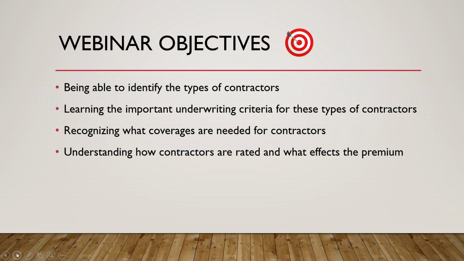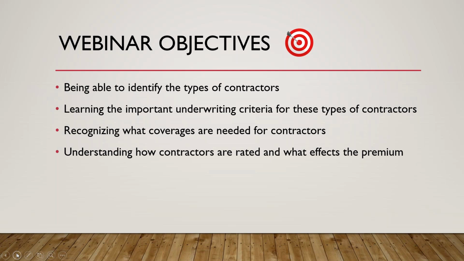So having said that, logistics out of the way, let's look at what we're going to be learning from Pam today. We want to be able to identify the different types of contractors, and that's the first place to start. Then she's going to be talking about what important underwriting criteria you need to be paying attention to for these types of contractors. What coverages do contractors need?